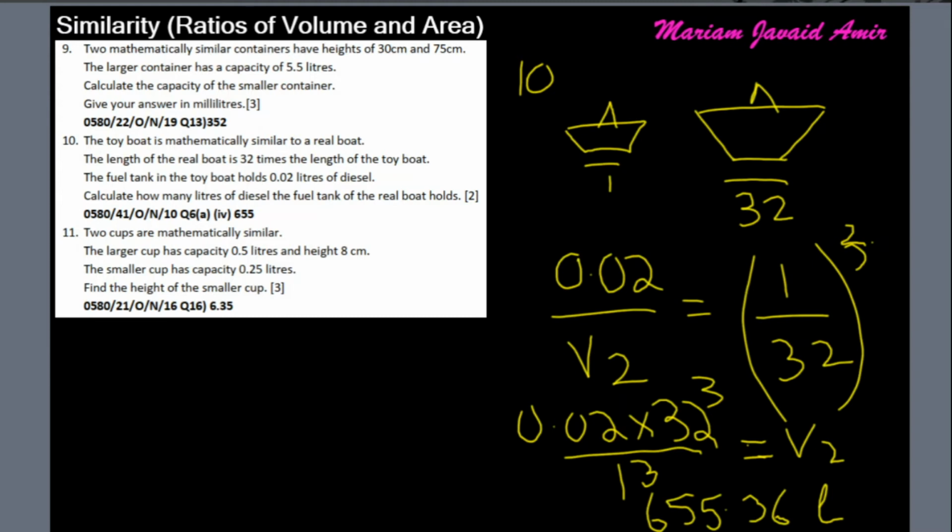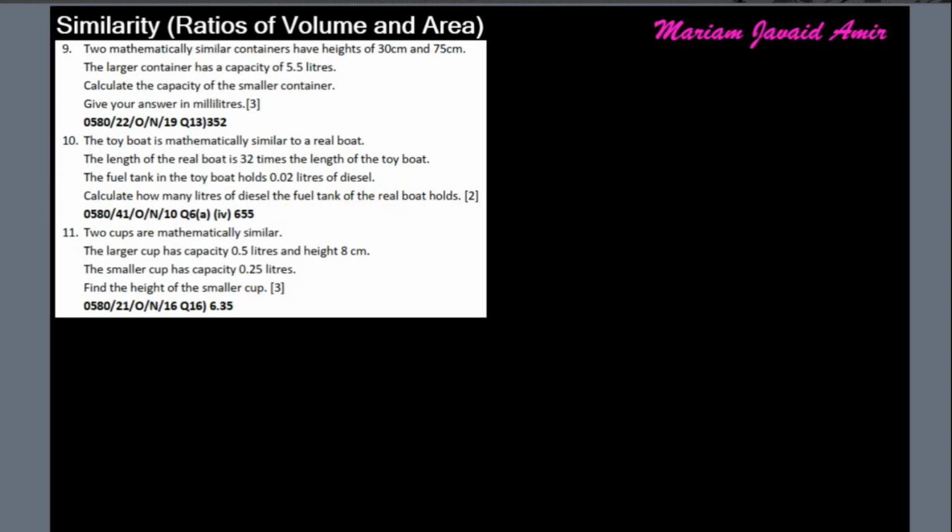Okay, so the answer in the marking scheme is 655 to 655.4. So any answer between these two is acceptable. So 655.36 is actually the exact answer our calculator is giving us. Okay. Next is question 11.